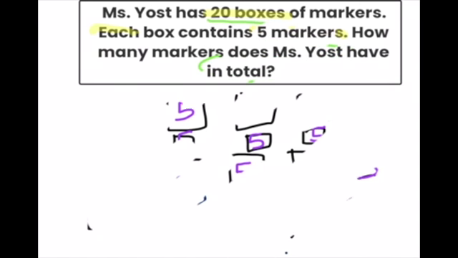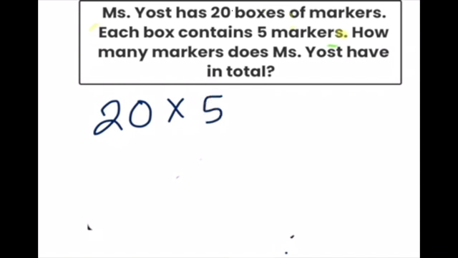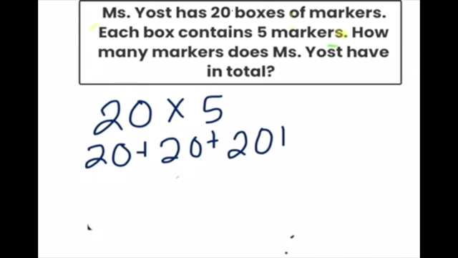But I will show you a nice trick that I know to figure out 20 times 5. So, of course, we know we could do 20 plus 20 plus 20 plus 20 plus 20, okay? Repeated addition. That would work. That might be a little bit faster than counting 5s like I had in the last picture, right?